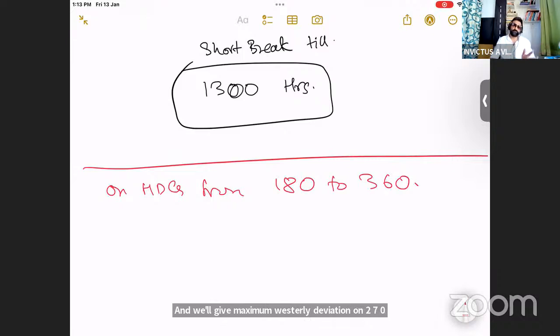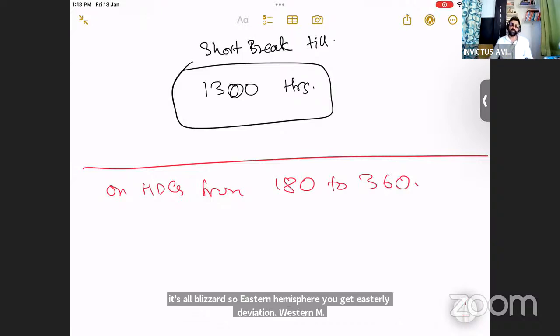So it's opposite. In the eastern hemisphere, you get easterly deviation. In the western hemisphere, you get westerly deviation.